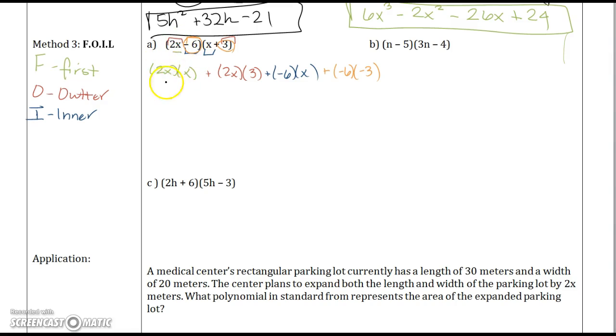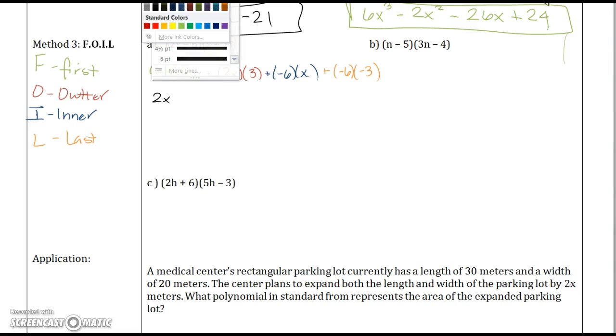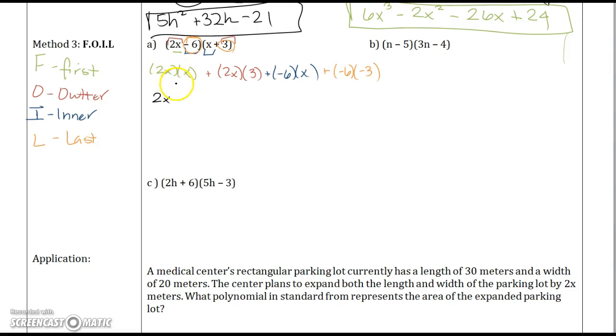So the first terms, when I multiply them: 2x times x is 2x squared. Oh, sorry, it's going to bother me probably more than you. Okay, back to what I was trying to say. 2x times 3 is 6x. -6 times x is -6x.